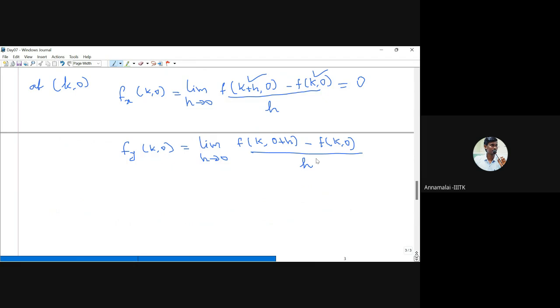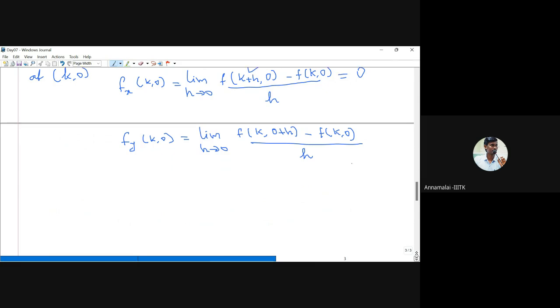But x is constant and y is varying, therefore we add h to the second coordinate. Now we already know that k is non-zero and h is non-zero, therefore this is equal to limit h goes to 0 of f(k, h) minus f(k, 0), which is always 0 because if one coordinate is 0 the function is 0, by h.